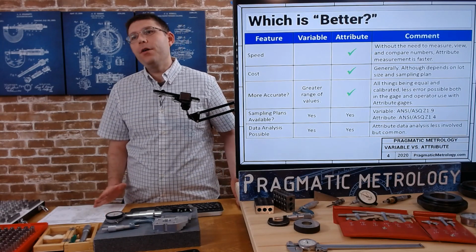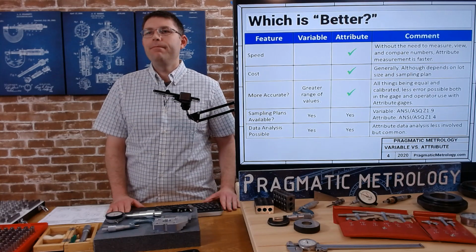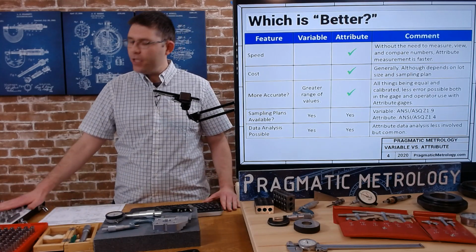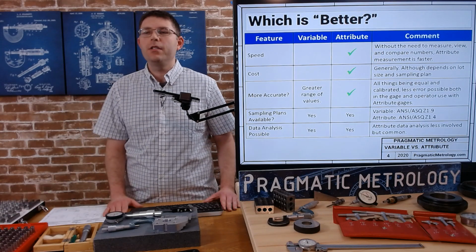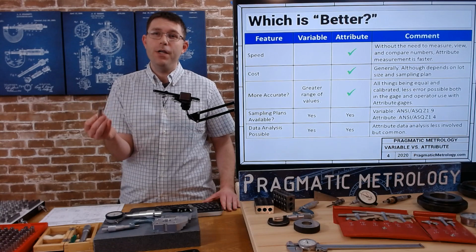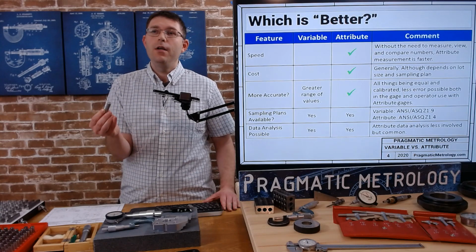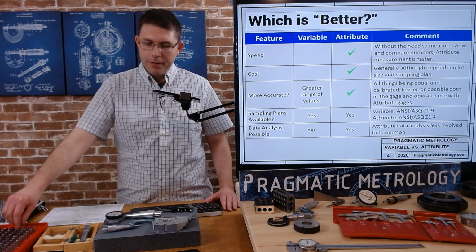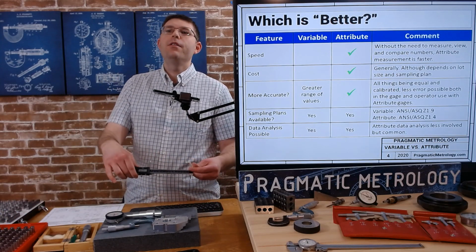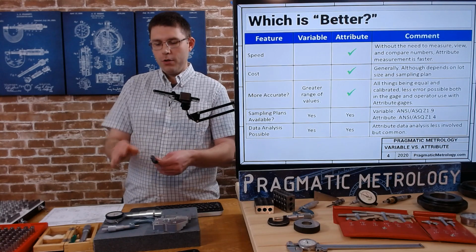Which one's more accurate? Well, in terms of the pin gauges and the gauge blocks, if you look at some of the other videos, I talk about how accurate these are with their manufacturing specs. These are manufactured to very controlled specs, more so than the variable gauges. The variable gauges have more error. Oftentimes, they're much larger travel.